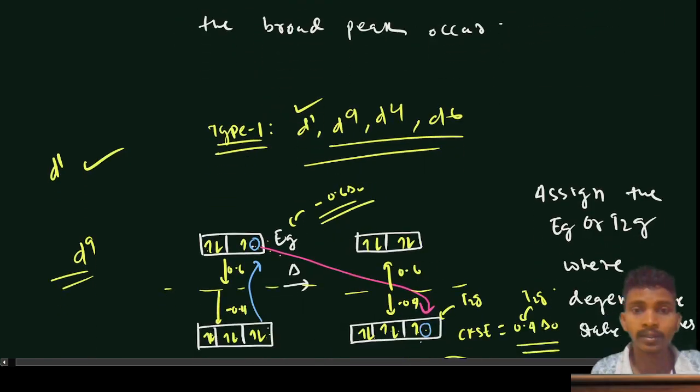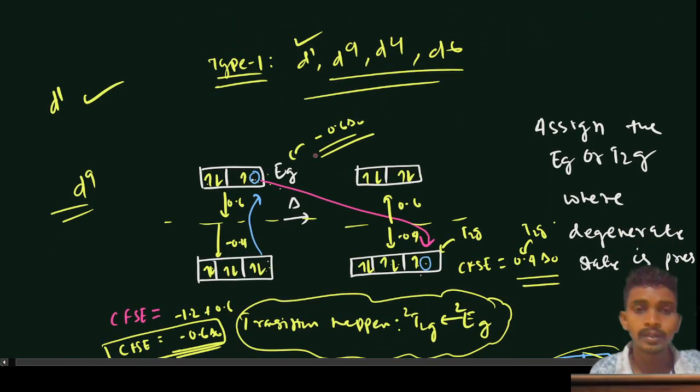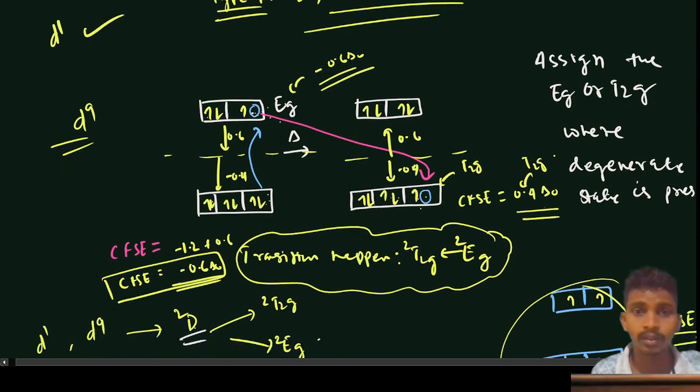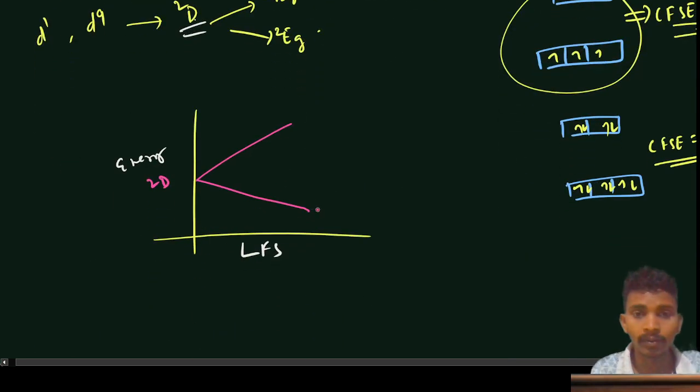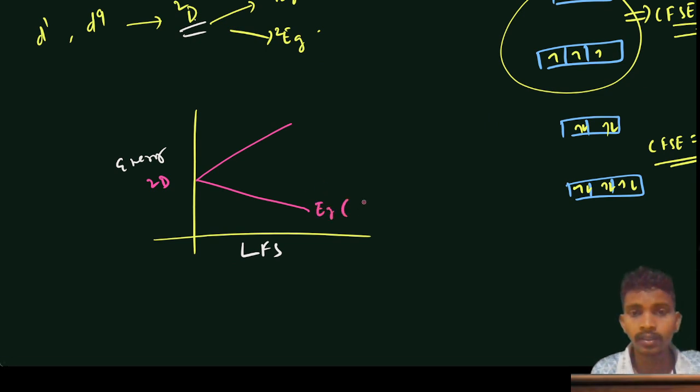Which CFSE is less, we look from here: this is minus 0.6 delta naught, and this value is 0.4 delta naught. So the EG value is less here. This EG value is minus 0.6 delta naught, so EG will come here, and this value is 0.6 delta naught, and here the T2G value is 0.4 delta naught.